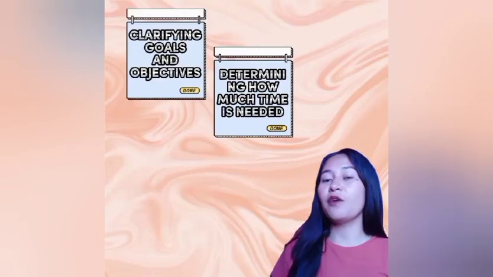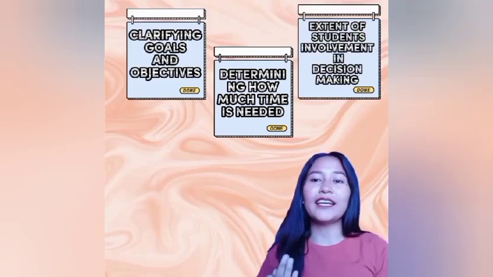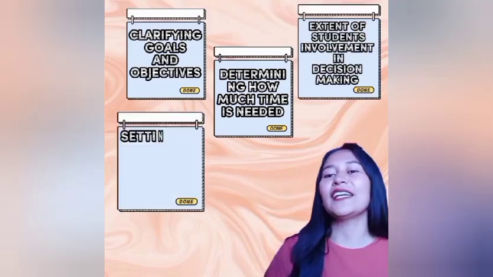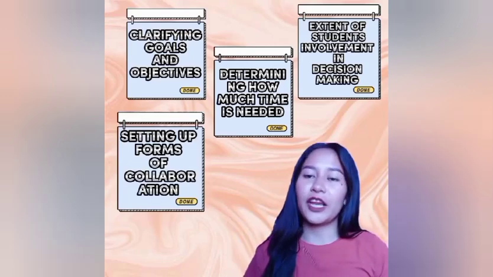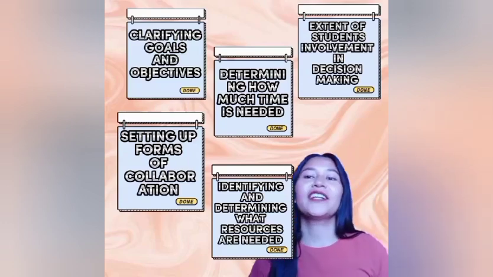The effective use of multimedia learning project requires clarifying goals and objectives, determining how much time is needed, extent of students' involvement in decision making, setting up forms of collaboration, identifying and determining what resources are needed.